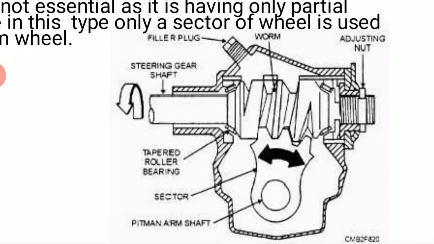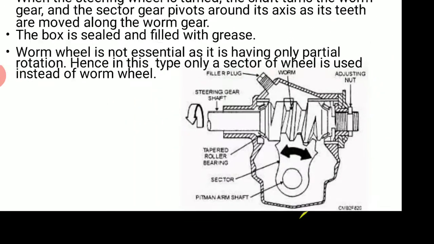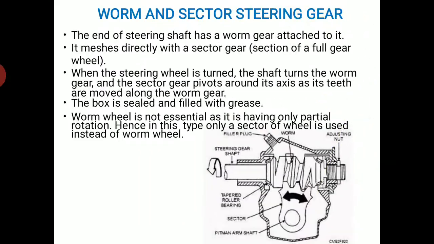When the sector gear moves to and fro, the pitman arm shaft will tilt and move to and fro. This is what worm and sector steering gears provide. As the steering wheel is turned, the shaft turns the worm gear and the sector gear pivots around its axis, moving along the worm gear.